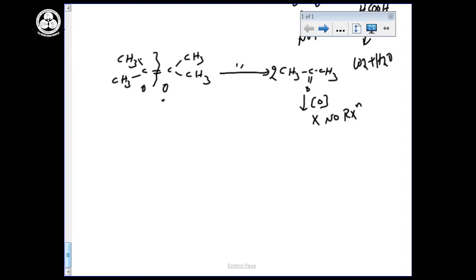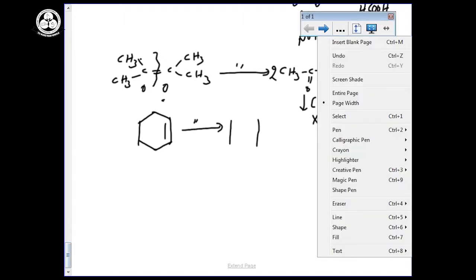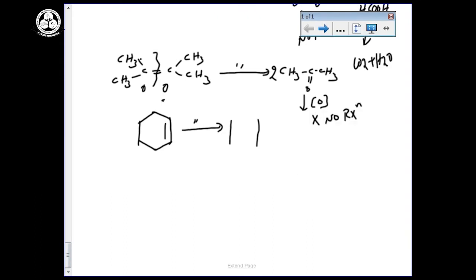Suppose we are taking cyclic compounds. Do the slow oxidation first, then after that strong.